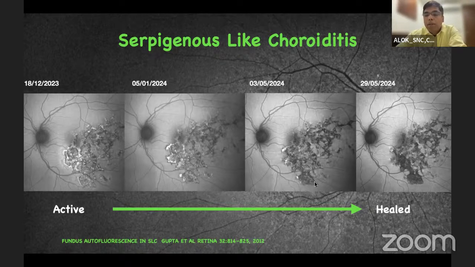And over a period of time, the granular hyperautofluorescence becomes more hypoautofluorescent. Finally, at the healed stage, it is completely dark or hypoautofluorescent. So this pattern helps you in identifying whether the lesions are still active or they have started healing.